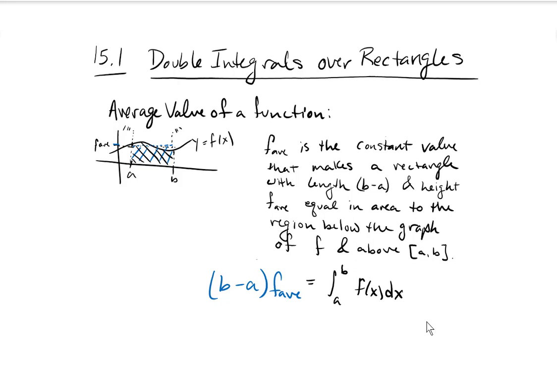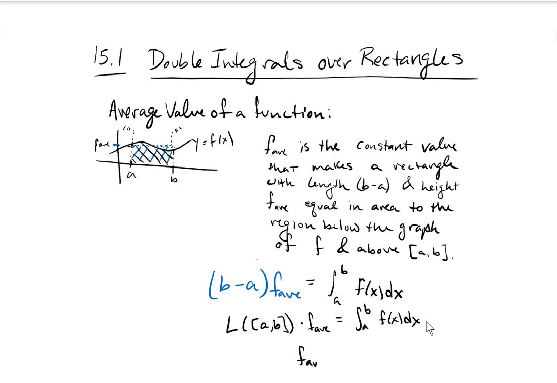Notice here, b minus a is just the length of that interval from a to b. When you multiply by this f average value, you get the area under f.